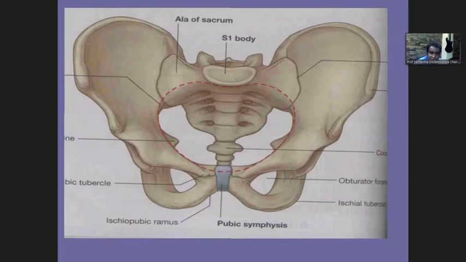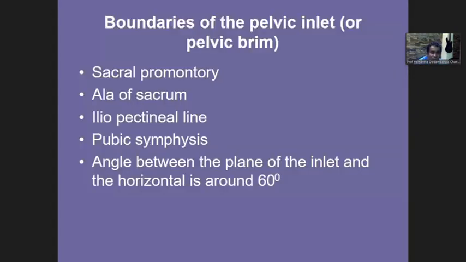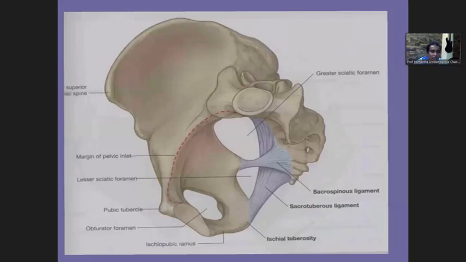If you look at the inlet, it's not like a bucket, it's an inclined bucket kind of thing, at a 60 degree angle. Right, so that's one important point I want to highlight. Yeah, this exactly shows the horizontal plane, the plane line, and then the inlet at a 60 degree angle.